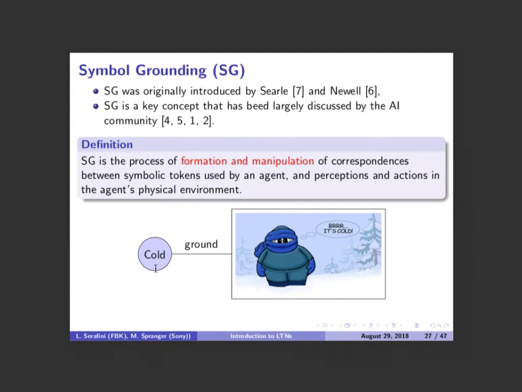By moving into this neural representation and using such mapping already available from fuzzy logic, we are trying to address this by not having the symbol cold simply out there, but by grounding it on that vector representation.